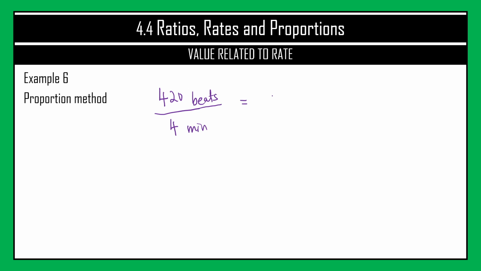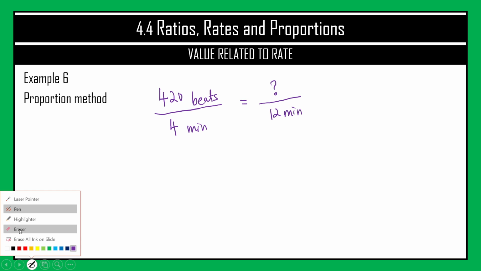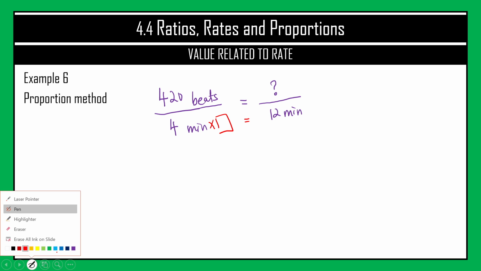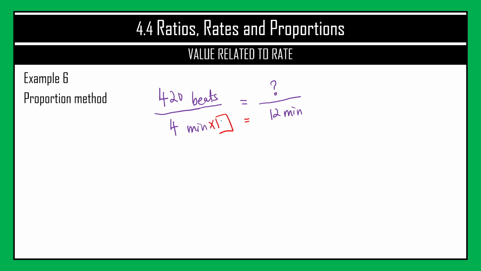And then the question asks, what will be his heartbeat if it were 12 minutes? So here's a question. 4 multiply how much in order to get 12? If your answer is 3, yes, you are correct, because 4 multiply 3, you get 12.